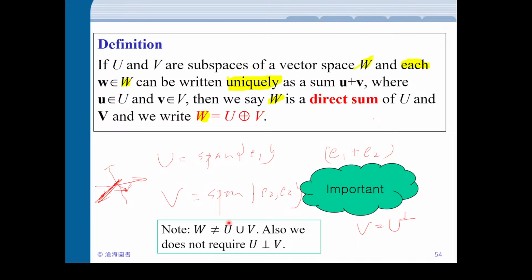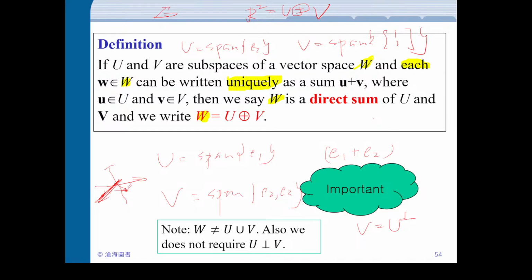In particular, we can have U equal to the span of e1, and V can be the span of (1, 1), so it's like this vector and this vector in R^2, and you actually have R^2 equal to U direct sum with V by this definition.